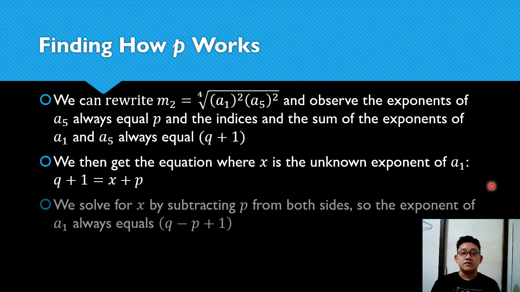Again, get the equation for the exponent of a sub 1, then we find it's q minus p plus 1. Again, that was exponent, not coefficient, if I said coefficient earlier. Either way, we're working with a similar logic to arithmetic means.